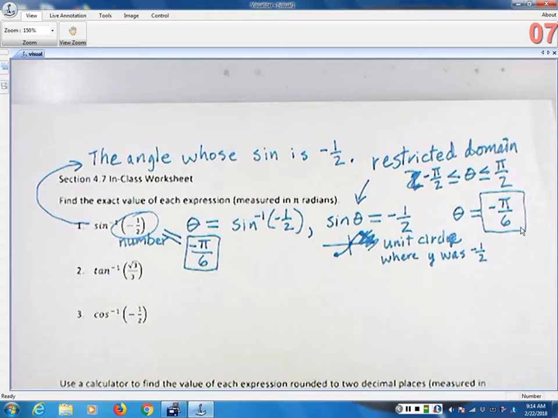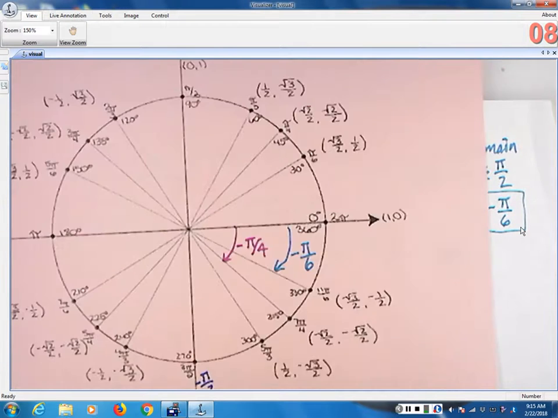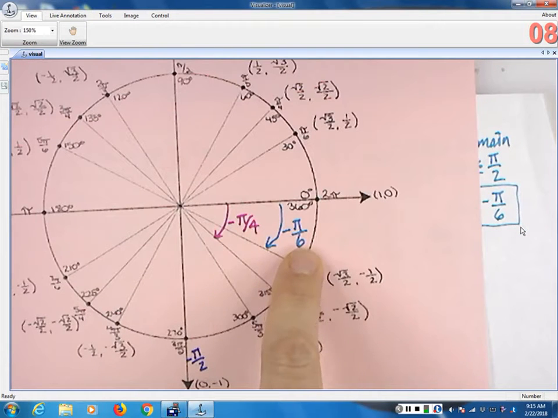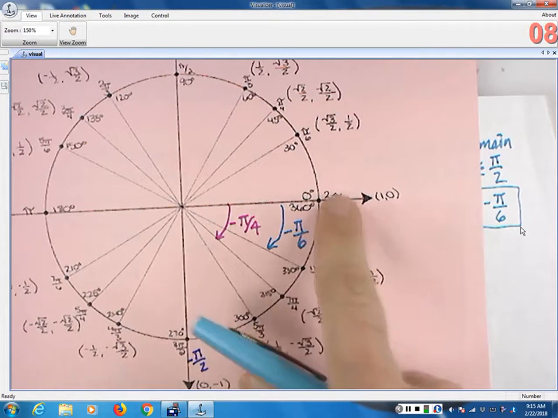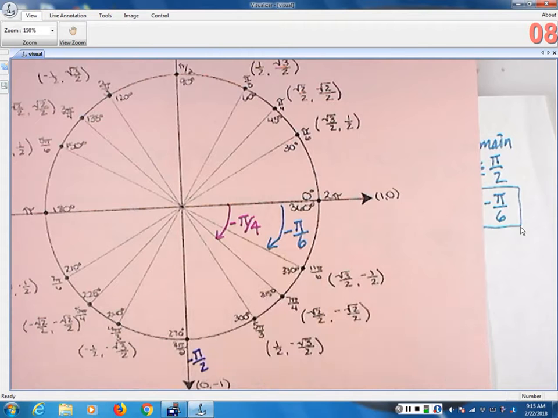We had to convert it from 11 pi over 6 to negative pi over 6, okay? So you do have to be good at radians here. We're doing everything in radians in this section. If you struggle with radians, you mess up. It's not 11 pi over 6. We're going to take 11 pi over 6 minus 2 pi and get this angle.